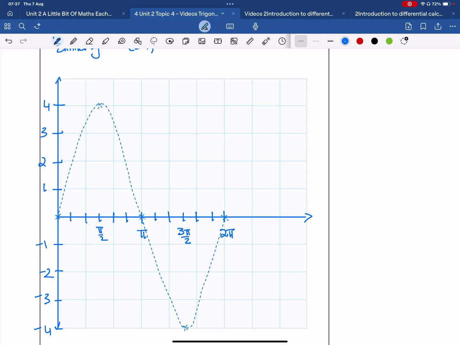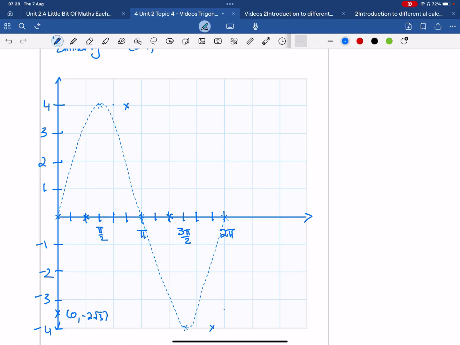And then I'm going to shift every single point pi on 3 to the right. So I've got divisions of pi on 6, so I'm going to move this point there. That point goes to there. That point goes to there. That point goes to there. And I know that I have a starting point at 0, -2 root 3, which is around about over there.